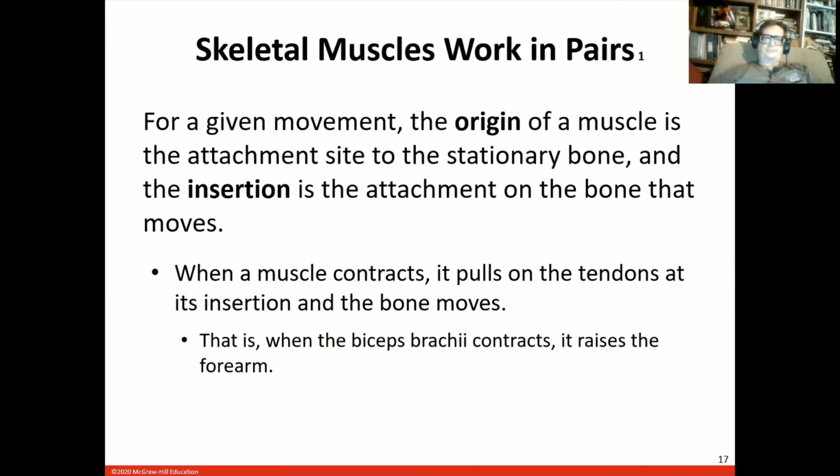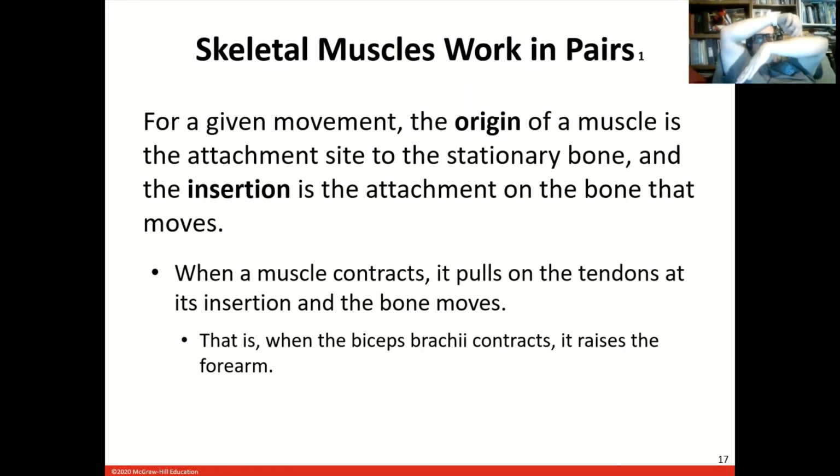All right. So here we have a joint. Actually, I can use my hand. That'll work. We have a joint, and on this joint we have a bone here and a bone here, and we're going to make it an extensor muscle.